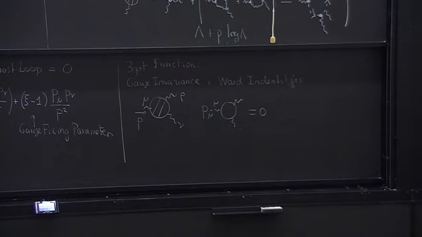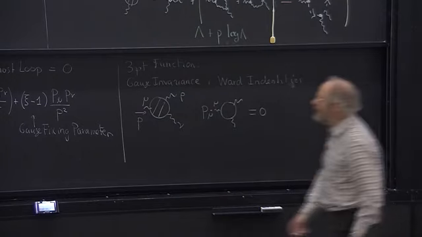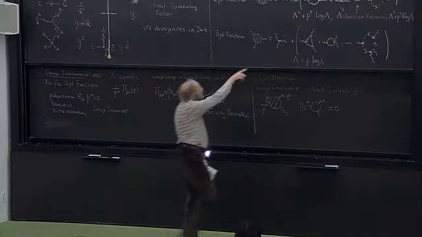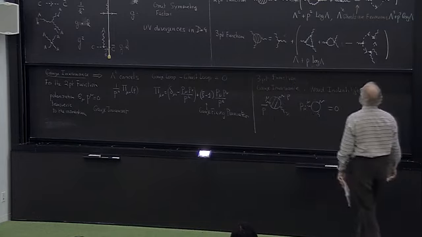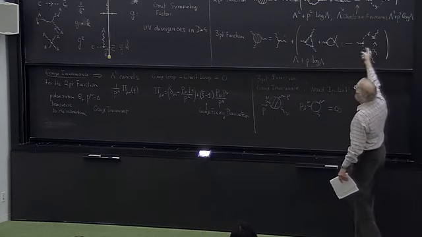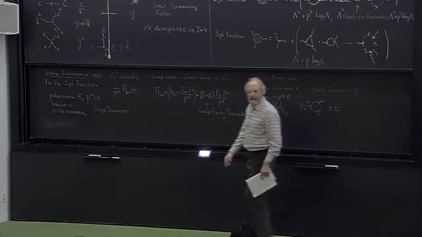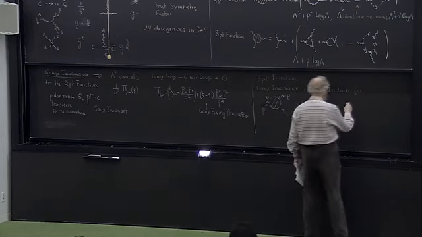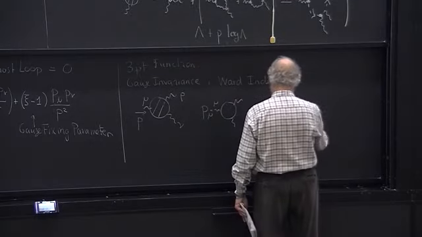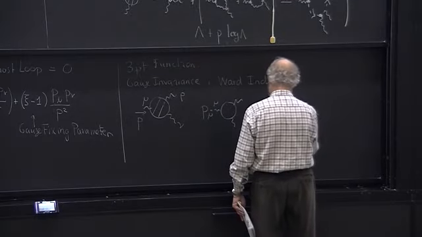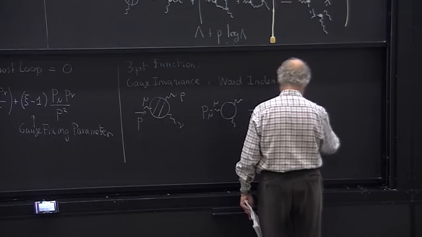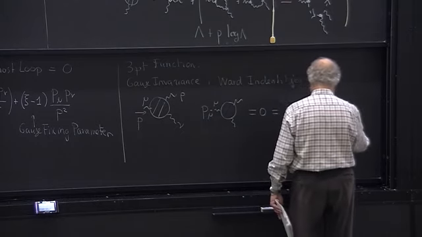Okay. And you can check that this is satisfied for the vertex. I wrote the 3-vertex explicitly, so you can check that. But it's not obvious that this is true at one loop. And this is going to be true, again, because there is a cancellation between the gauge loop and the ghost loop.